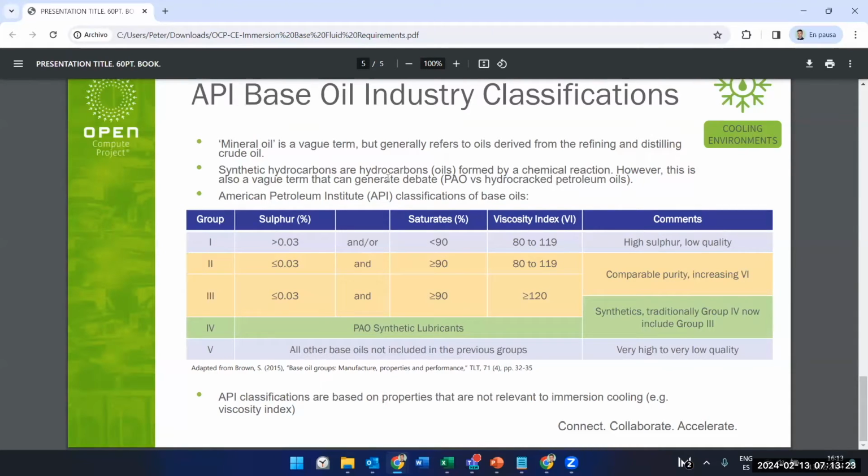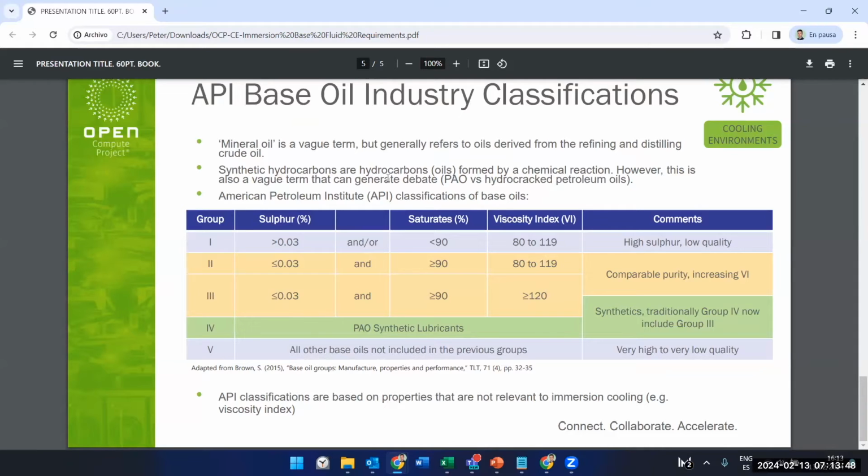So if we were to take, for example, the immersion requirements document as a guide on what the critical properties we should be talking about in immersion cooling are, things like viscosity index are not relevant in our industry, nor are things like saturates or sulfur contents of this order of magnitude, right?